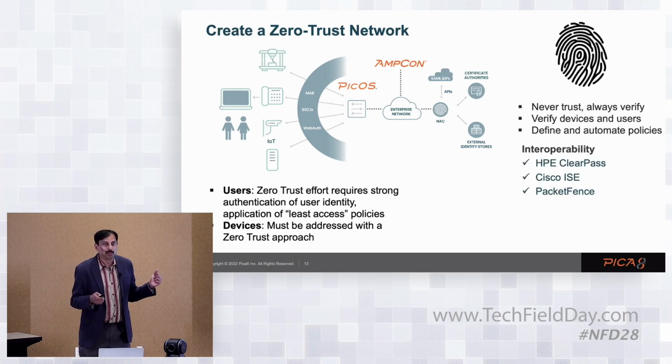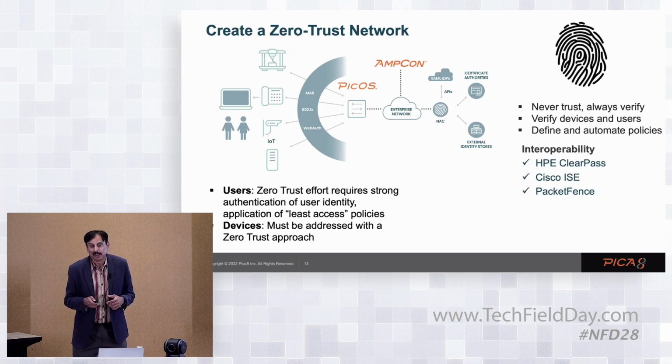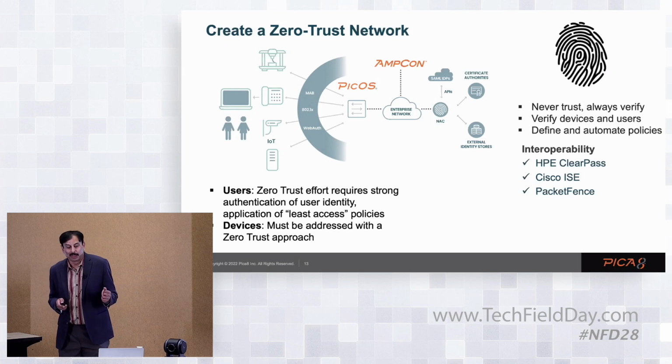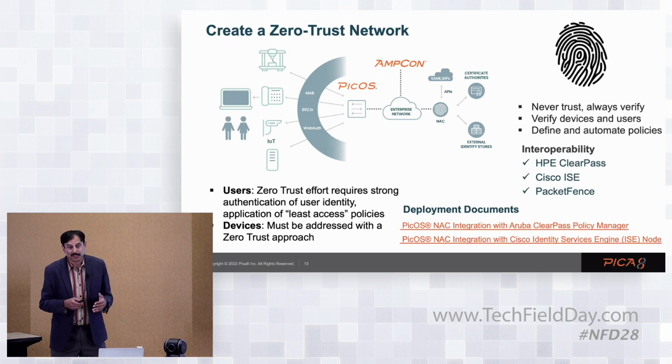So we work with these third-party NAC RADIUS servers: HP's ClearPass, Cisco ISE, and open source PacketFence. And we provide the integration deployment document for you, so you don't need to figure that out yourself.